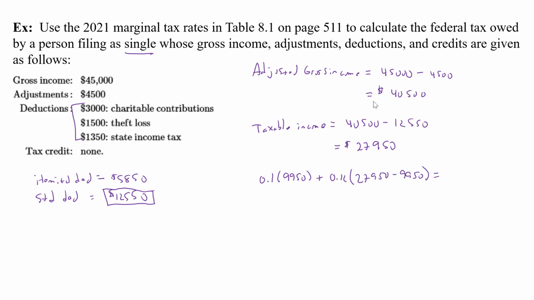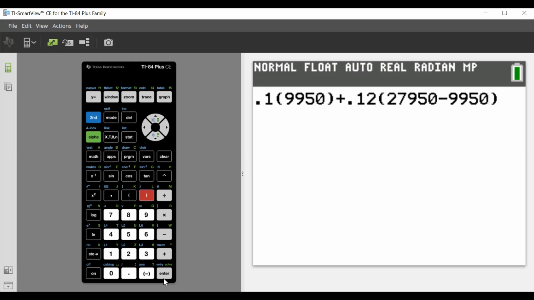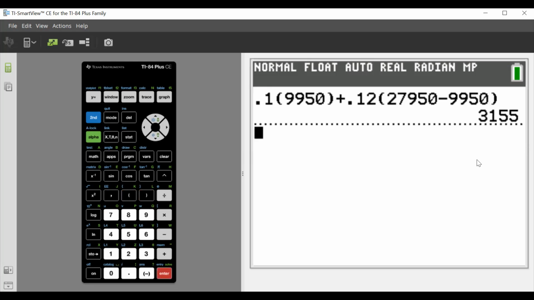So let's go ahead and see if we got our calculator working here. We're going to take 0.1 times 9,950, and then add to that 0.12 times the 27,950 minus 9,950, and that should give us how much we owe in tax.